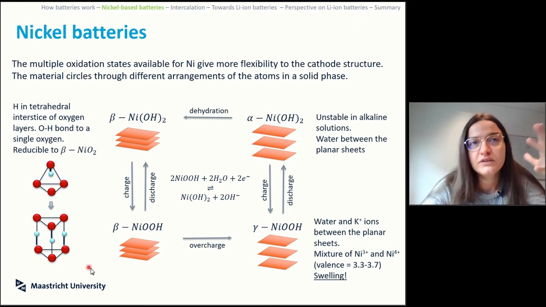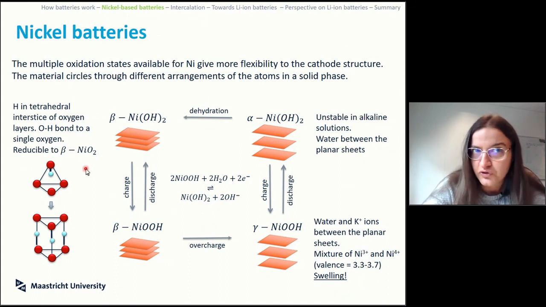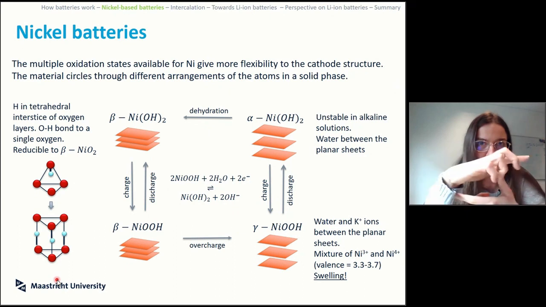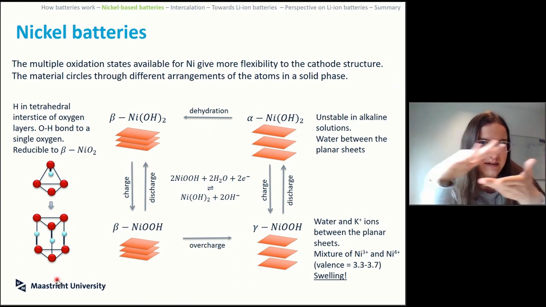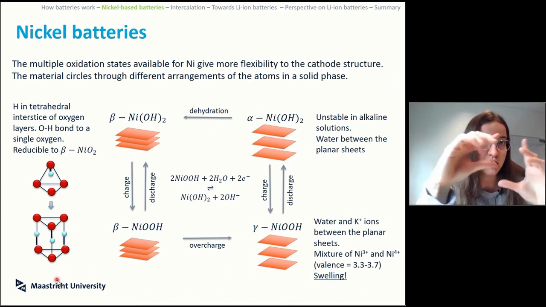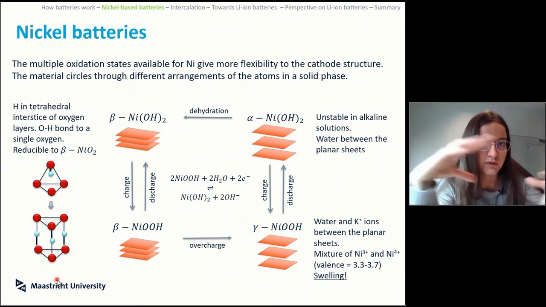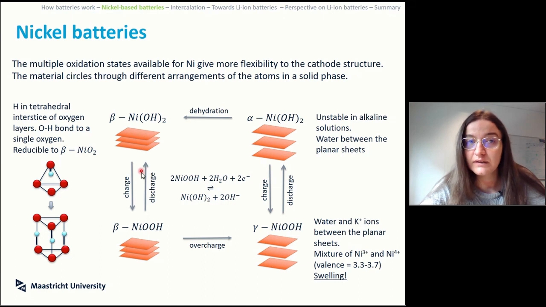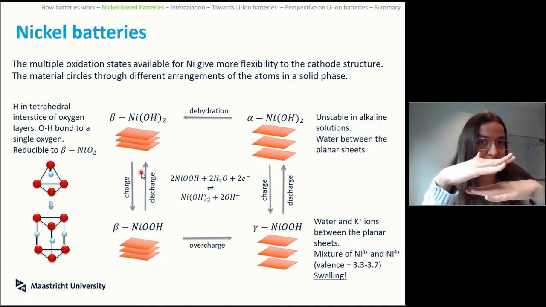If you wanted, you could reduce this completely to nickel oxide, which is not what we want to do, because we want to have these correlations. The way this thing goes through charges and discharges is that it changes by moving the planes slightly against each other. You manage to change the coordination of the hydroxide that is in between. But fundamentally speaking, these two are at the same distance.